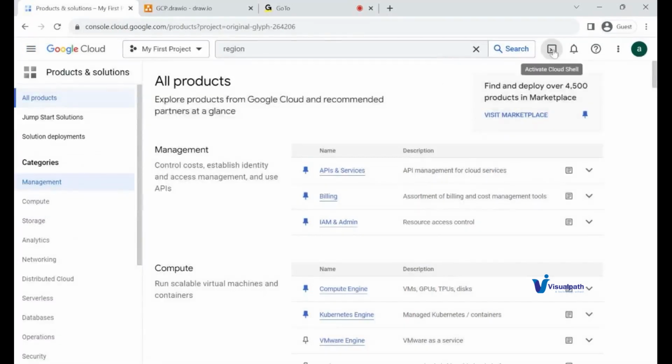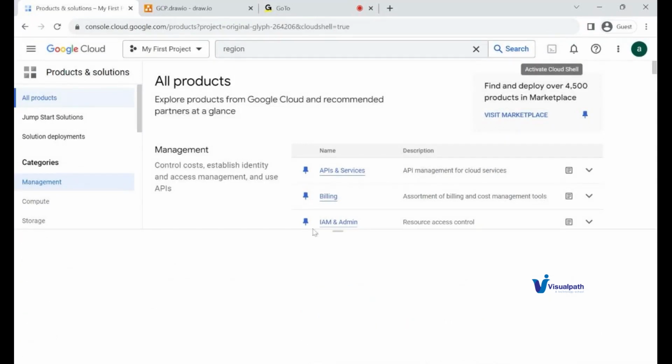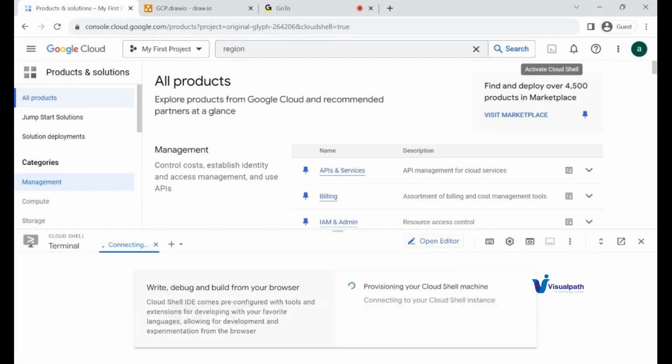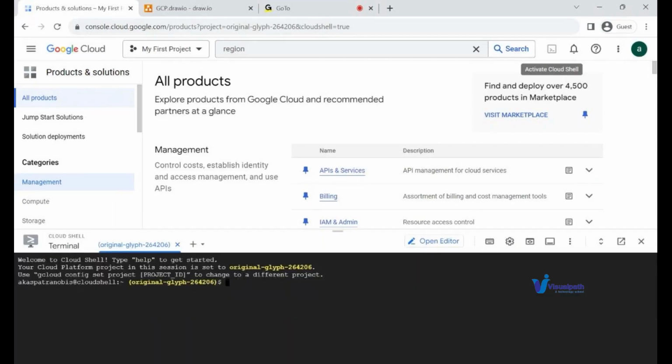This is your Cloud Shell. What do I mean by shell? It's just a box where you can communicate with GCP cloud resources using a CLI prompt. Let's say gcloud is one of the CLIs that GCP uses. For BigQuery, you use bq, like this. You can communicate with them.